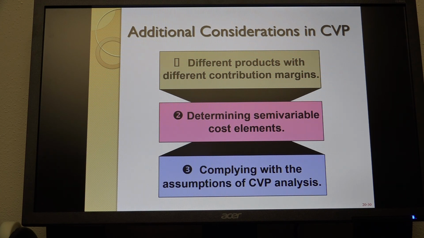And again, the assumptions. Sometimes the assumptions you need to change because of whatever reason, as we saw. Fixed costs are not going to necessarily remain the same. Variable costs per unit might not remain the same because, again, you might need to add additional labor or something like that.